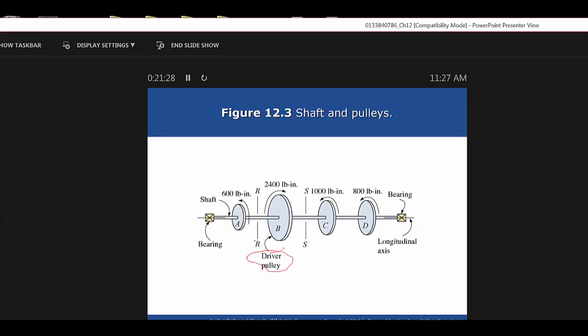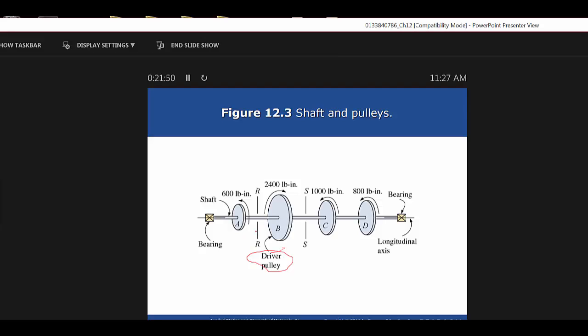This is the driver, and these would be driven, or what the book calls power takeoff pulleys, but I think a lot of times you're going to hear that as the driver and the driven pulleys. That's what I've always heard it referred to.